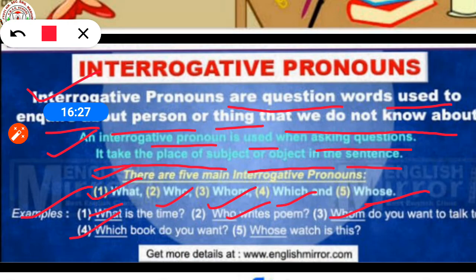Which book do you want? Whose watch is this? So always remember that interrogative pronouns are question words used to inquire about a person or thing that we do not know about.